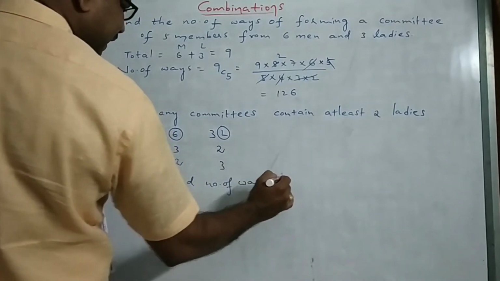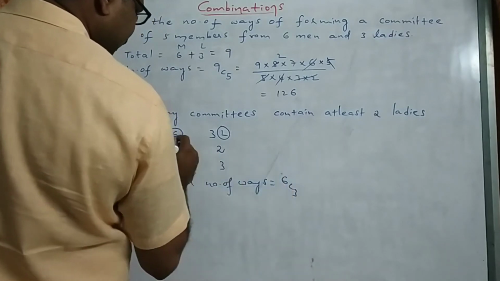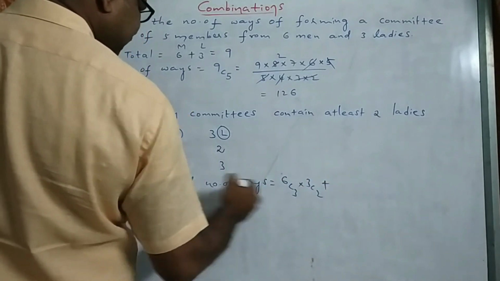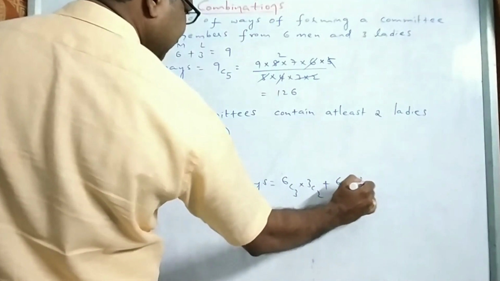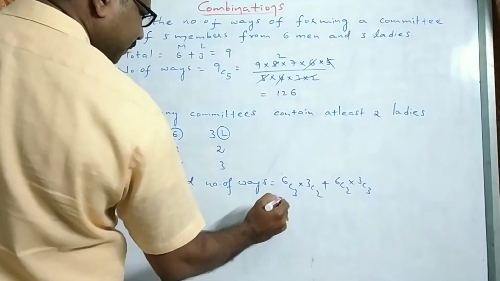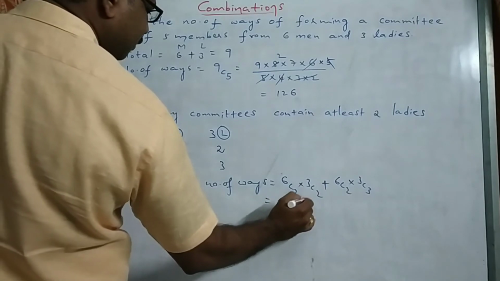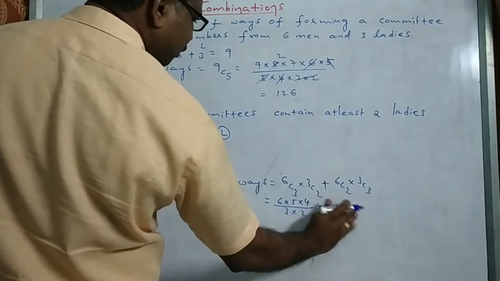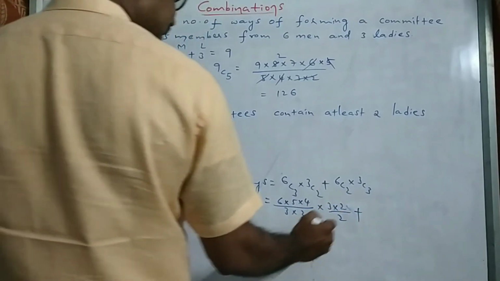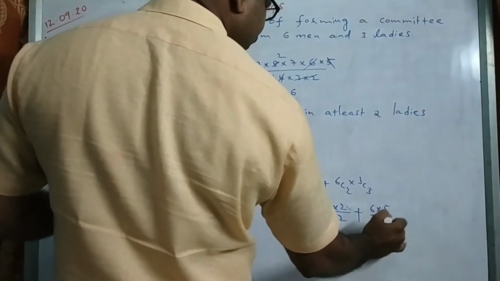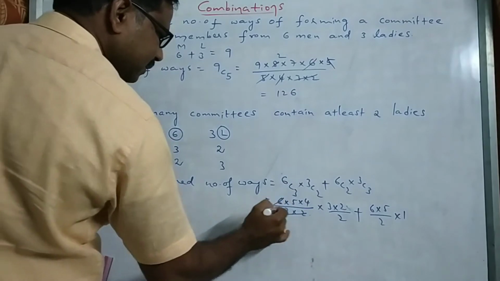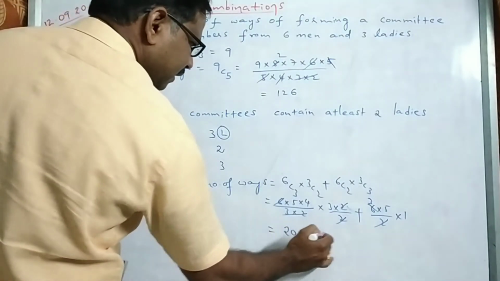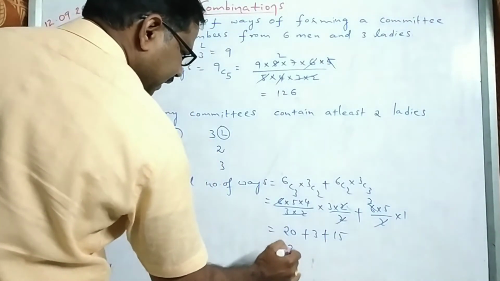So 6C3 into 3C2 plus 6C2 into 3C3. 6C3 means 6 into 5 into 4 by 3 2. 3C2 means 3 2 by 2, plus 6C2 means 6 into 5 by 2, and this is 1. So 2 2s cancel, 20 into 3 plus 15, 38.